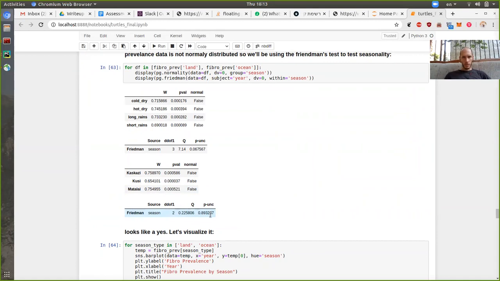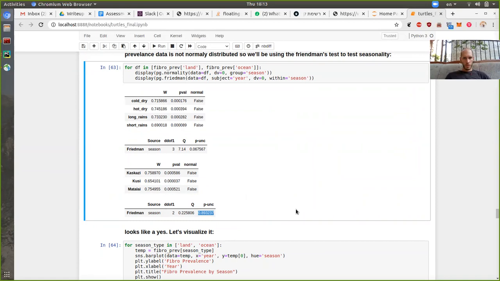Ooh, this is not good. So, doing a Friedman on the seasonality of Fibro, we're getting this in the ocean season.